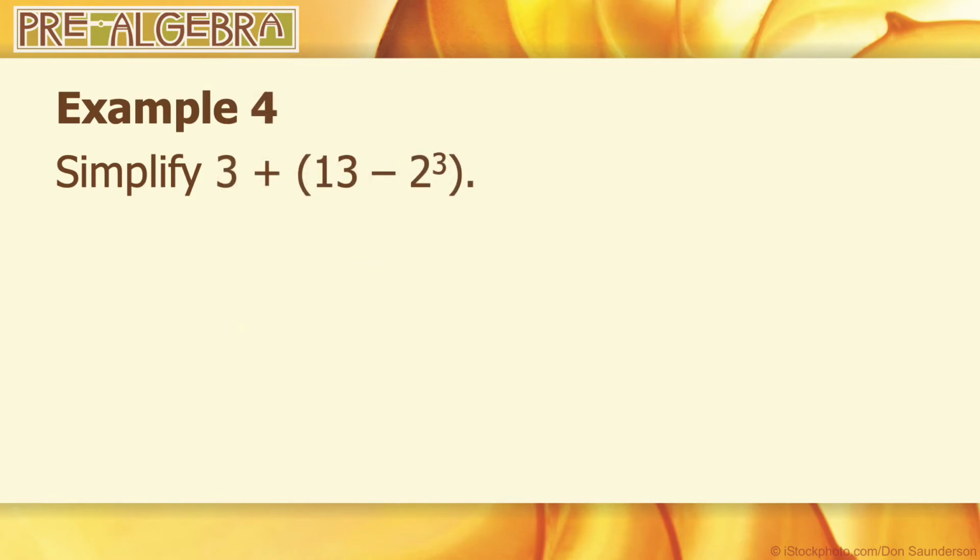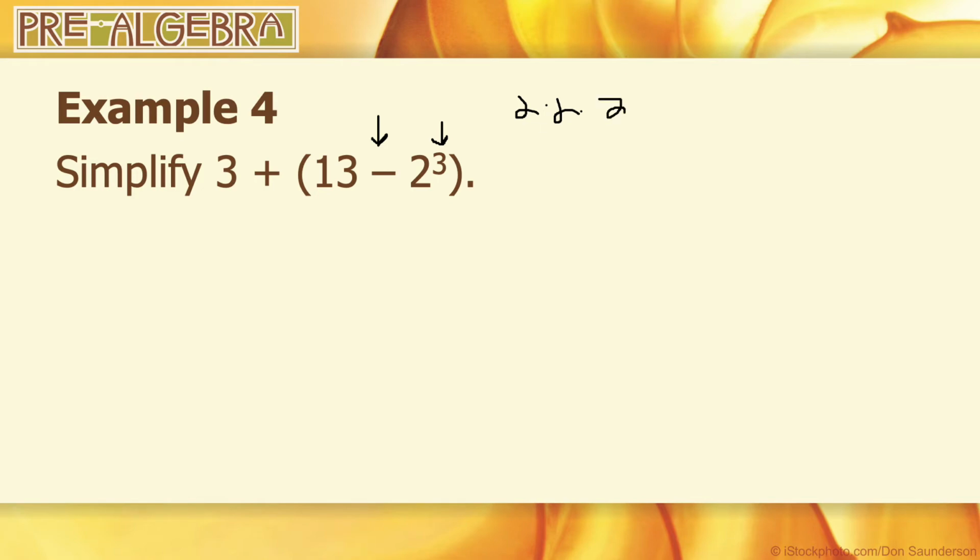Okay, we have a few operations here too. I'm going to look inside of my parentheses and I see that we have an operation and an exponent. Which one do you think we need to do first? Hopefully you guys are saying or thinking exponent. Okay, we have 2 times 2 times 2.